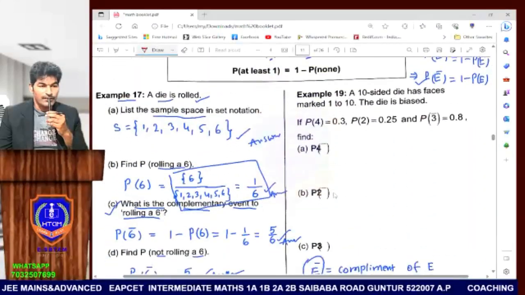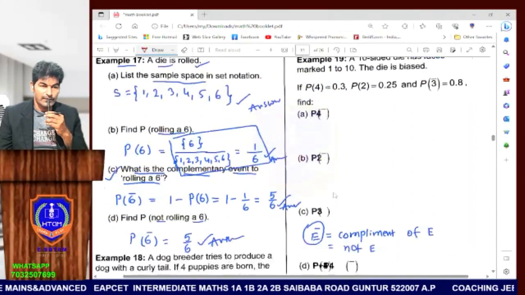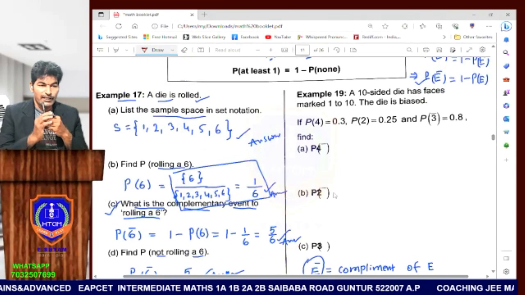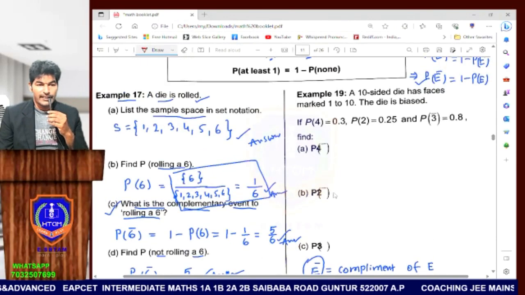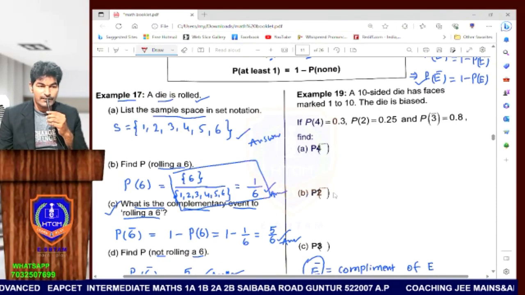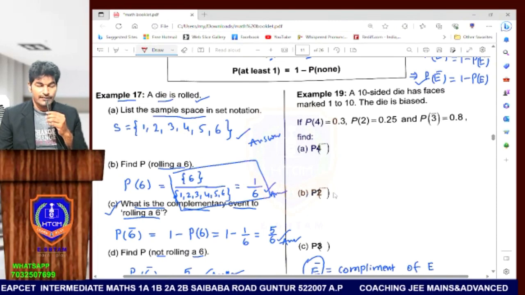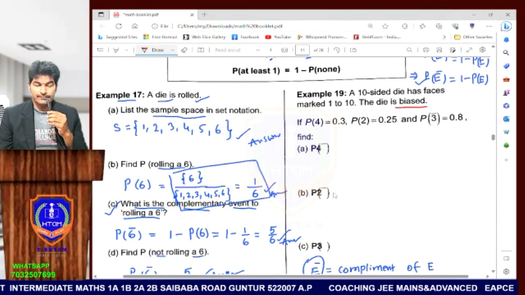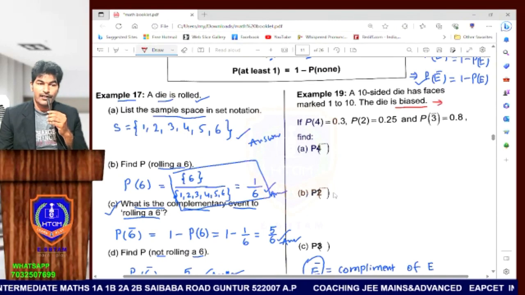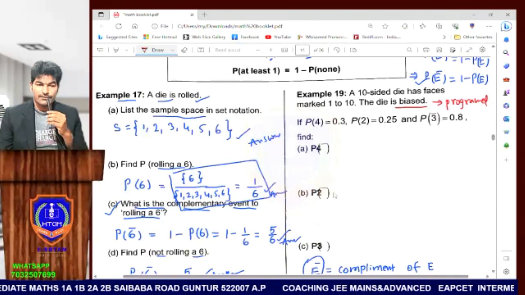Okay, here is another one, example 19. In example 19, a 10-sided die has faces marked with 1 to 10. It's a 10-faced die. The die is biased. Biased means what? It's a programmed die, not a general die.